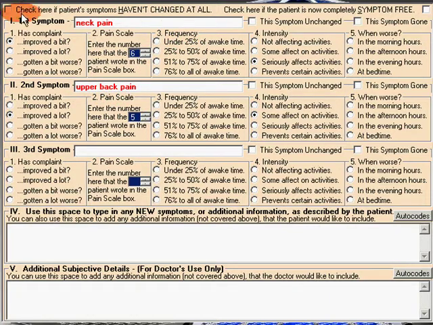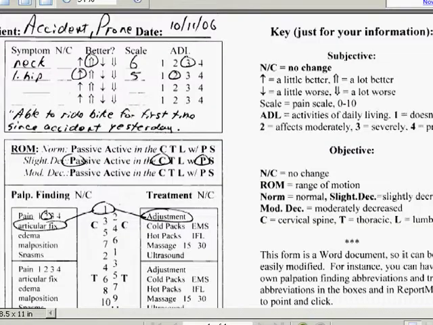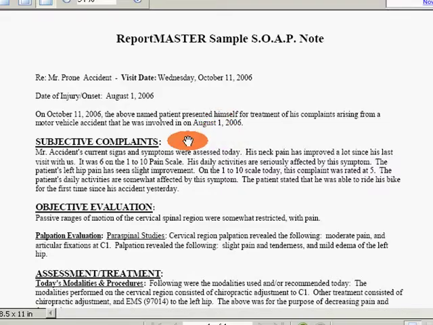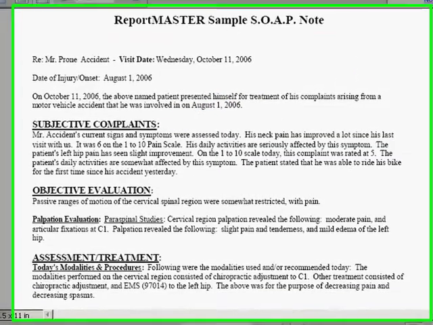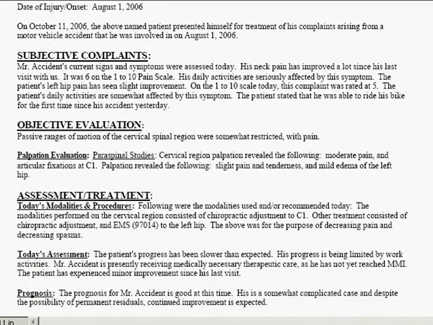And so the whole idea here then is to have a very simple way to input it. Now, if you're the kind of guy who likes computers and you want to walk around with a tablet and not even use a paper form, you can just input it right here. But the real key to this is what gets produced in the note, which I'm going to show you here, is something that is very complete and it's kind of irrefutable. Let me just show you an example note that would come straight off of that screen.